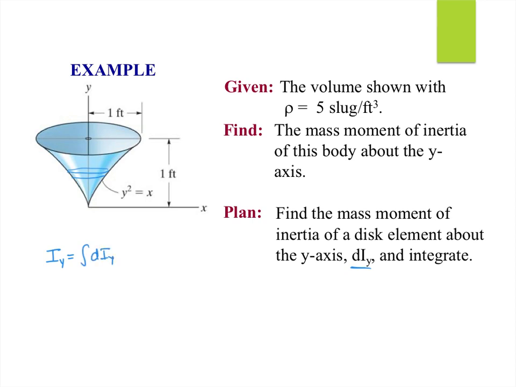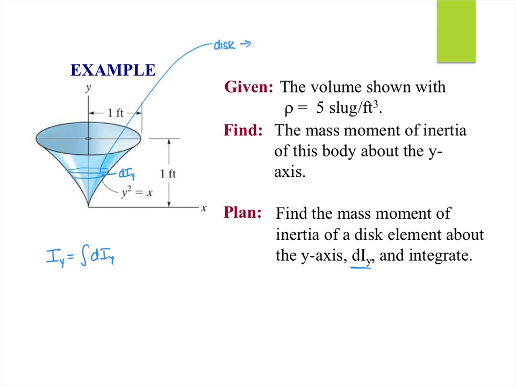The idea is that this little element here has a certain moment of inertia. It's like a contribution. Now, how would I know what that is? Well, this thing is a disk. That's what that shape looks like, right? I've taken a little element of this. It actually is an element of volume, but it also could have a certain small contribution of moment of inertia.